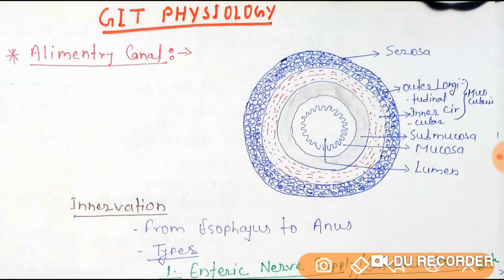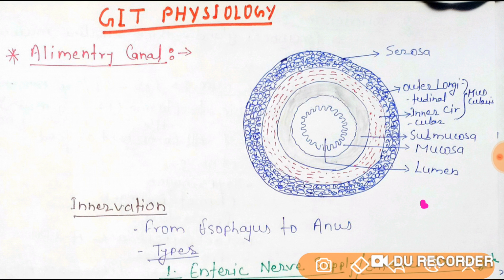The serosa is also covered with the mesentery, and between the mesentery and serosa there are connective tissue and the epithelial lining. Start from the outer to the inner layer. The outermost layer is the serosa, then after that the muscularis.